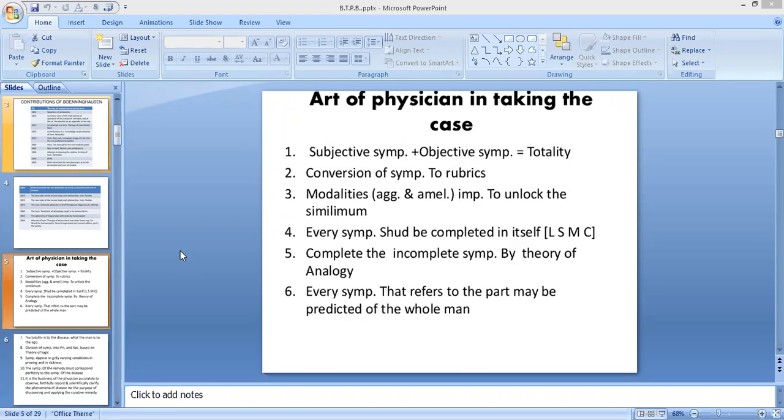And in this chapter, the relationship of medicines under different body parts, with aggravations, with antidotes, with inimical remedies, complementary remedies, was given under each body part.